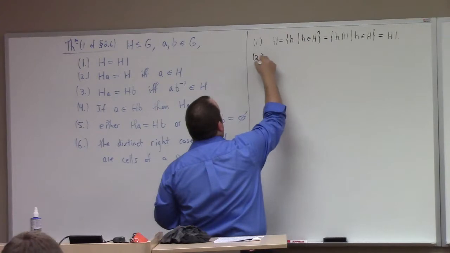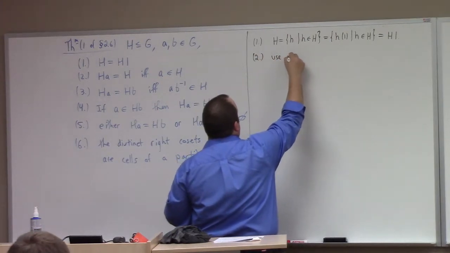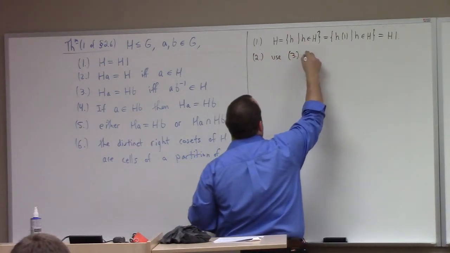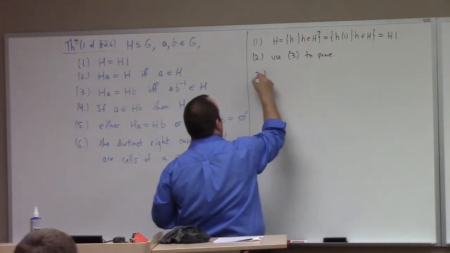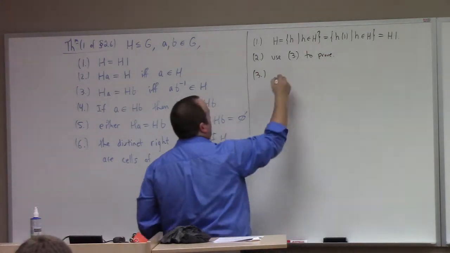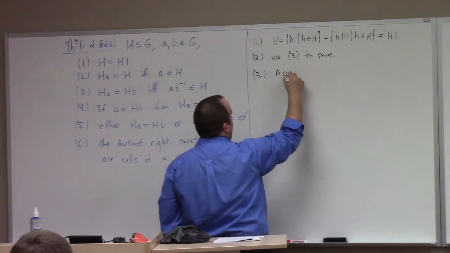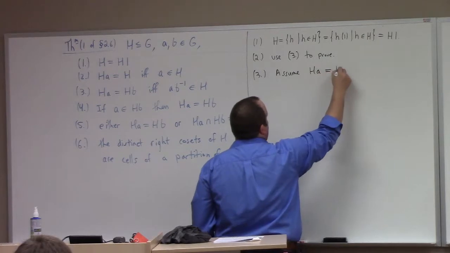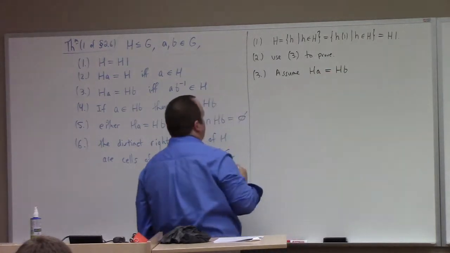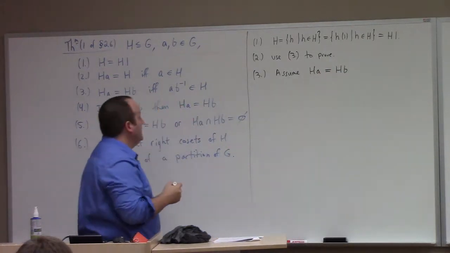2, we'll use 3 to prove. So 3. Let's assume that Ha is equal to Hb. So what does that mean?